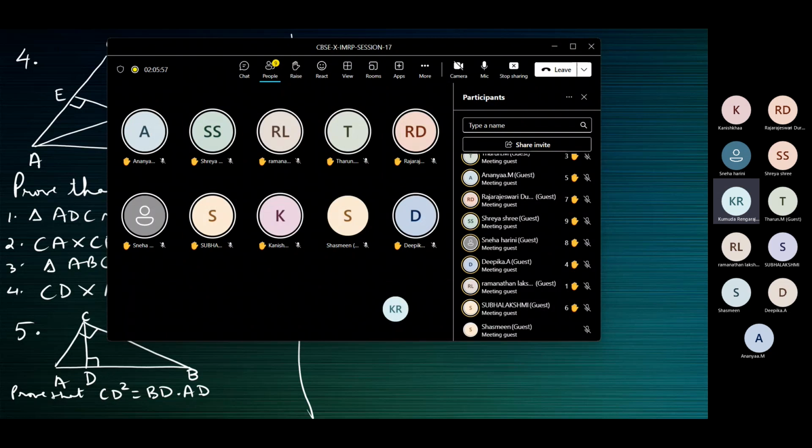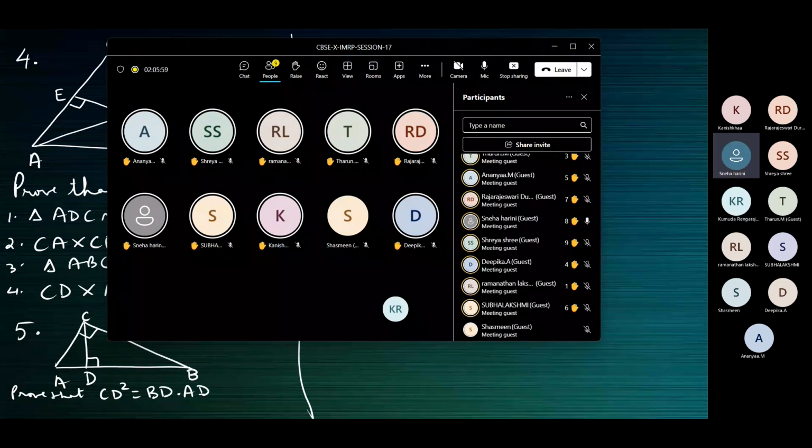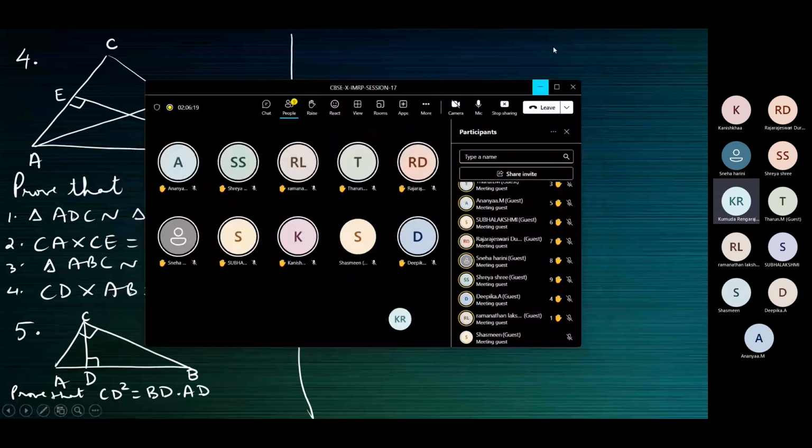Sneha Harini. Lakshmi. Third one, ma'am. Okay. Kanishka also said the same thing. Sashmin and Deepika. Normally you're not able to answer, so I'm not asking you. Okay, fine. I'll give you some more time.